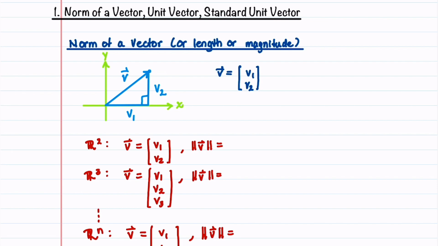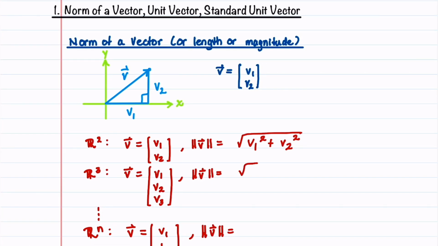The Pythagorean theorem tells us that the length of vector v is the square root of v1 squared plus v2 squared. Likewise, a vector in R3 has a length equal to the square root of v1 squared plus v2 squared plus v3 squared.